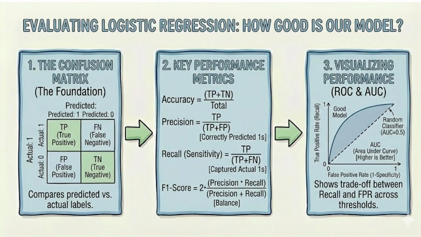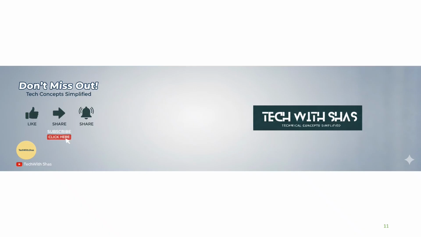And while there are formulas for accuracy and precision, there is a lot behind them, like in which scenarios we have to use accuracy, and in which scenarios we have to use recall or precision. There is a different use case altogether, so understanding is important. So, in a nutshell, this is logistic regression.